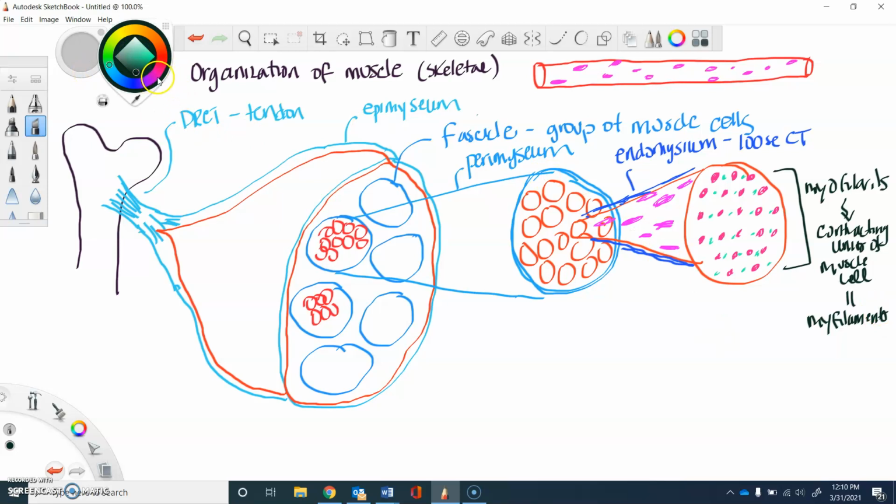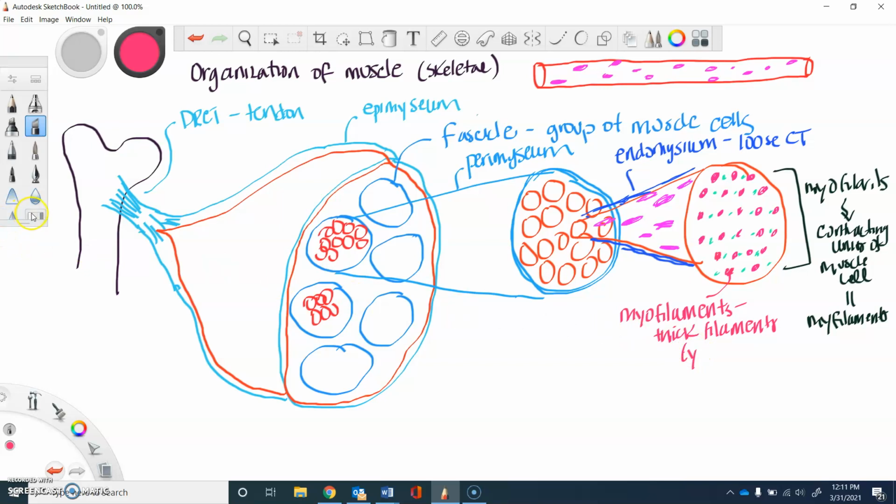So these right here are myofilaments. And I've tried to draw them a little bit thicker than the green ones. Those are thick filaments. The thick filaments are also called myosin.